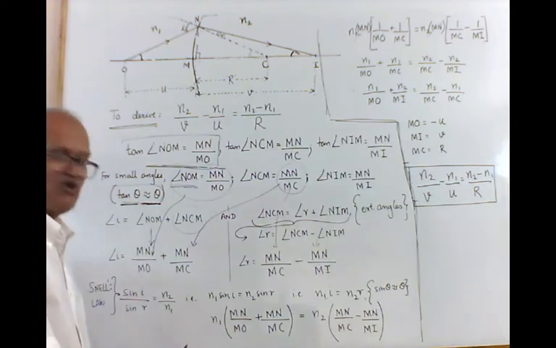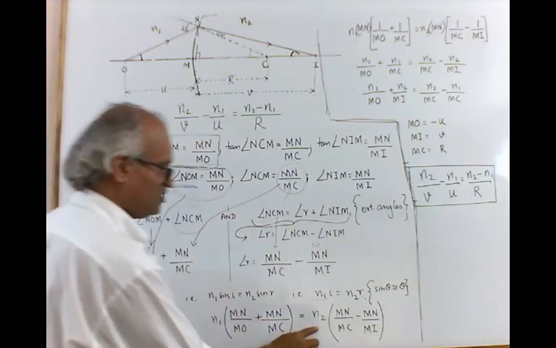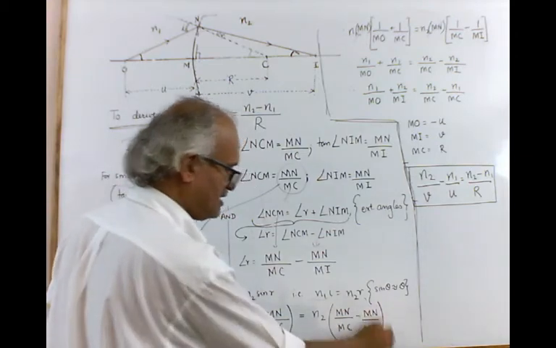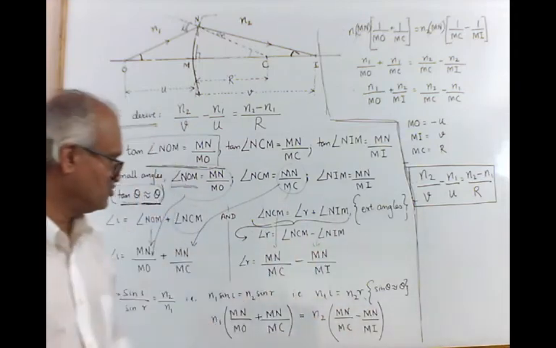And so we have got this as n1 into mn upon MO plus mn upon MC equal to n2 into mn upon MC minus mn upon MI. I hope you have understood again up to this point.